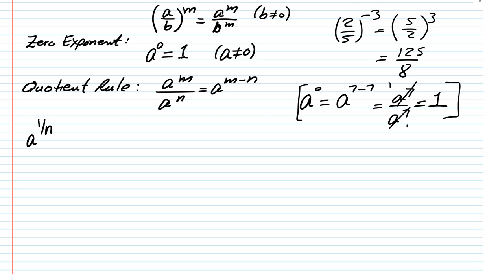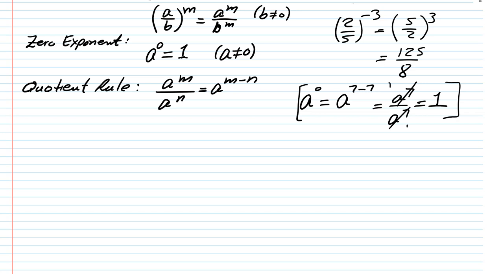We can rewrite these in radical form, but a to 1 over n again is a number. This is a number whose nth power is a. We'll do more work with this once we talk about radical expressions, and I'll come back to this one.